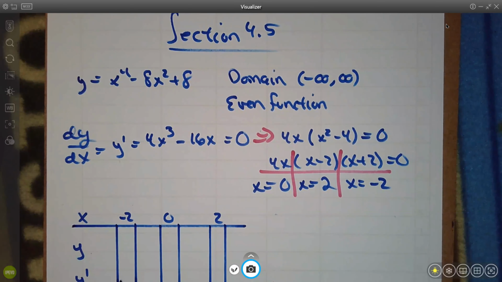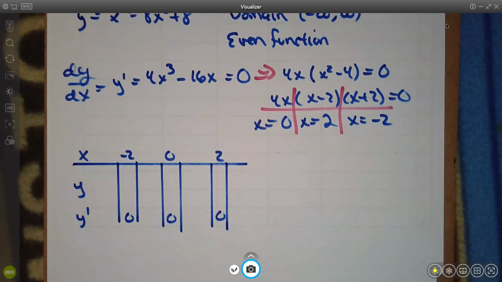All right, so the derivative is 0 at all 3 of these points. That's fine. We're going to have to test points in between to find if the sign of the derivative is going to be positive or negative.